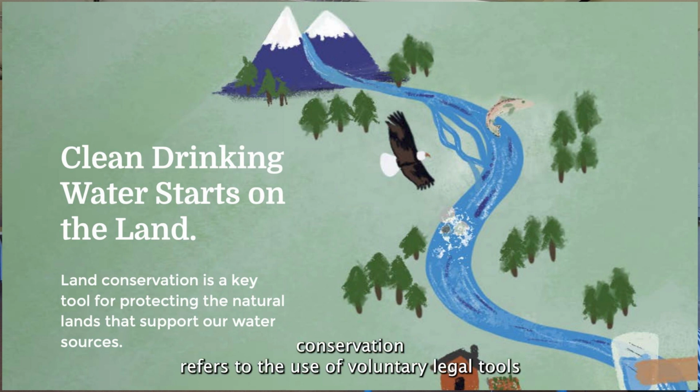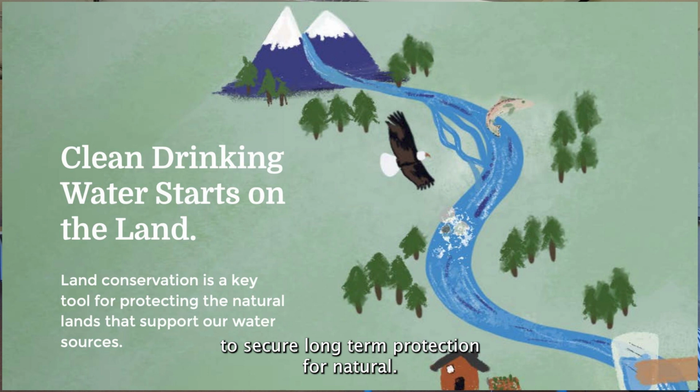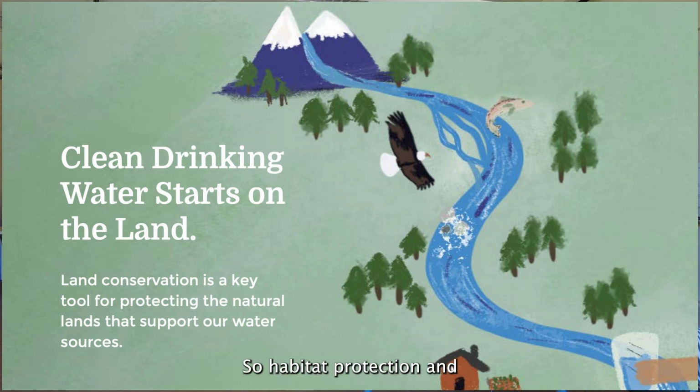Land conservation refers to the use of voluntary legal tools to secure long-term protection for natural lands for their values and services. So habitat protection, scenic preservation, urban revitalization, historic preservation, cultural purposes, recreational opportunities, and then I'll wrap it up with the one we're here to talk about today, drinking water source water protection.